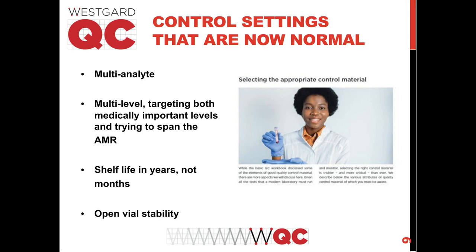We used to have very short life on our controls, and now in biochemistry, we might have several years of life. And we also see an increase in the open vial stability. That is, not only is it good on the shelf, it's good when it's open. These are all things that have changed over the years, and that means we can make other changes today.